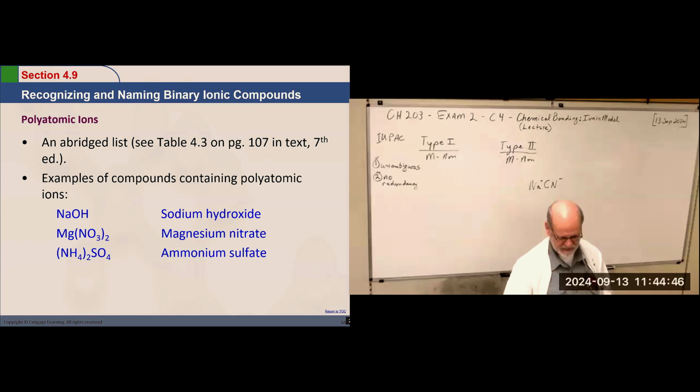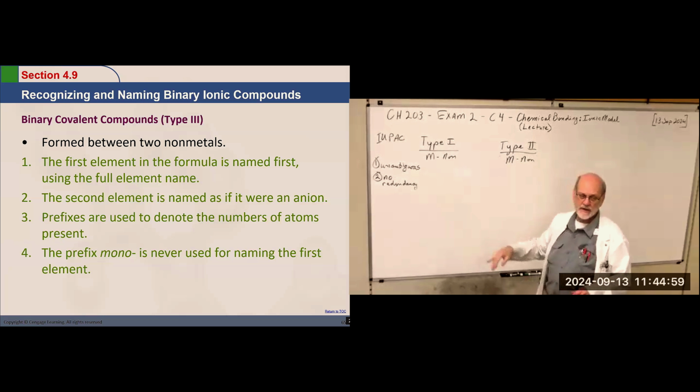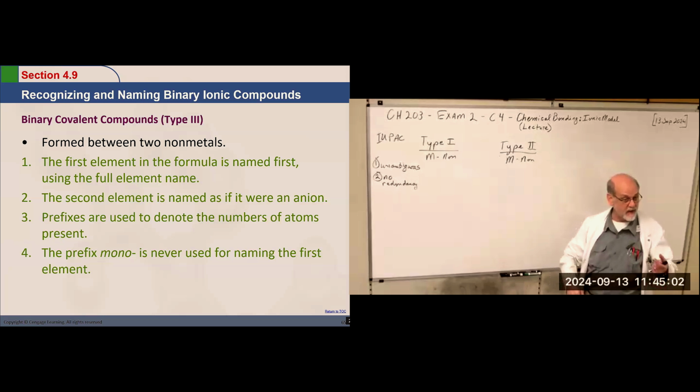Let's see. All right, now on to type 3s. So the polyatomics are useful for type 1s and type 2s, but not type 3s because they are ions.